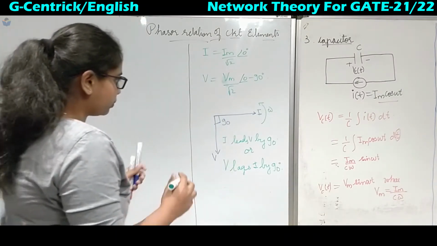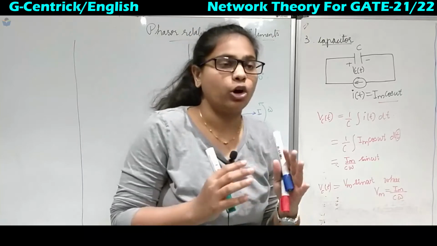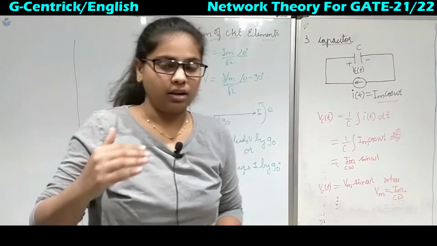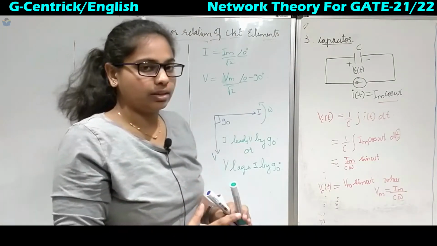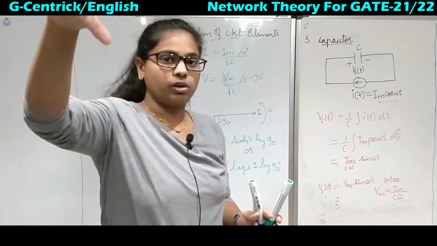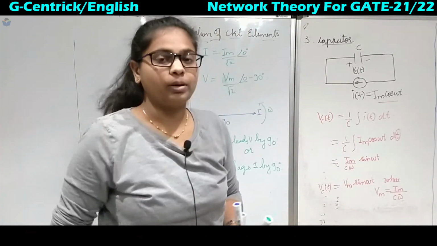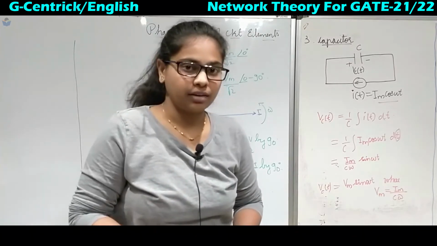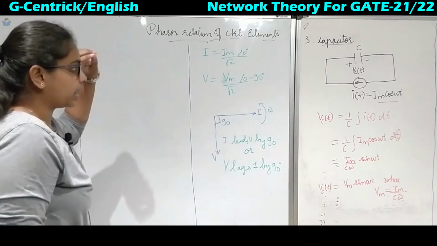Now take a practical system, all the electrical appliances are connected in parallel. In parallel we have learned that voltage will be same. The voltage across all the elements will be same, provided there are no branch elements in between. But what will vary in that? It is the current that varies between the parallel connection.